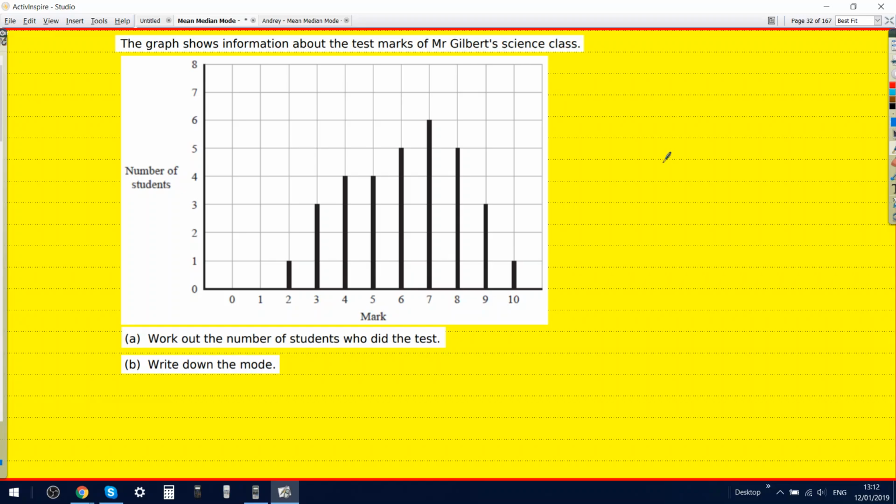To find the mode, so, students who did the test. 4, 8, 12, no, 4, 5, 6, 5, 3, 1.